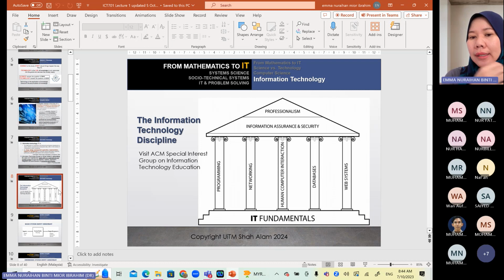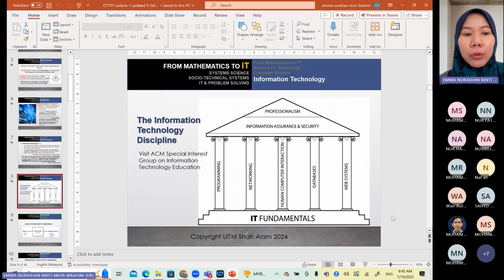So that's why in IT we also have subjects on security, programming, networking, HCI, databases, and also web system, web development. So basically, these are the subjects that we are offering, selari dengan foundation of these ACM pillars.